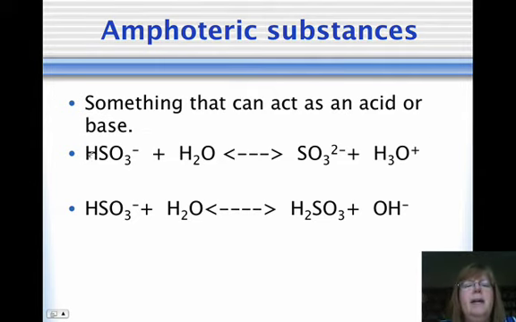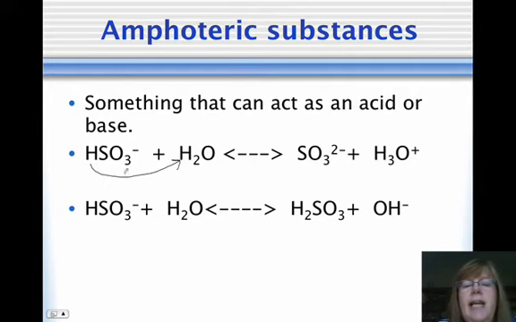Here's something else, bisulfite. That negative charge makes it look like it could accept an H+, and also this H out front looks like it could donate an H, and it can do either one in water. So it is amphoteric. Here we have it acting like the proton donor.